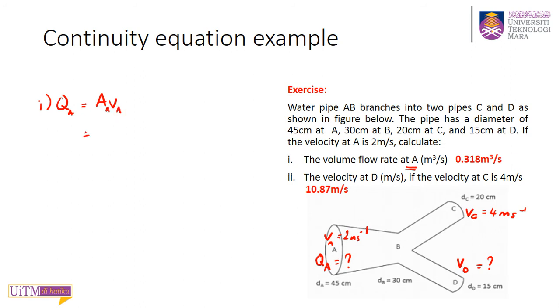You have the area at point A because they provide you the diameter, 45 centimeter, and you can just replace it to find pi r square times V. So the area is pi times 45 divided by 2, which is 22.5, that means 0.225 squared times V. The V is given to you, the velocity at A is 2.